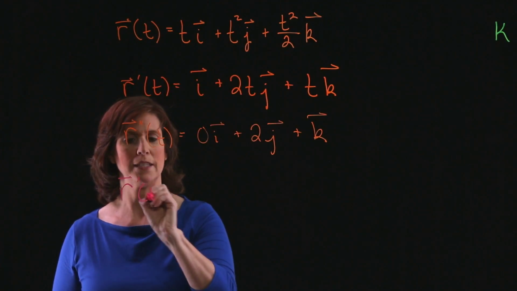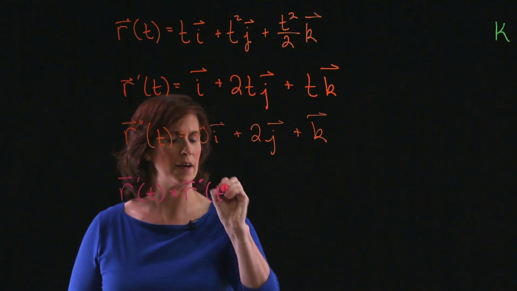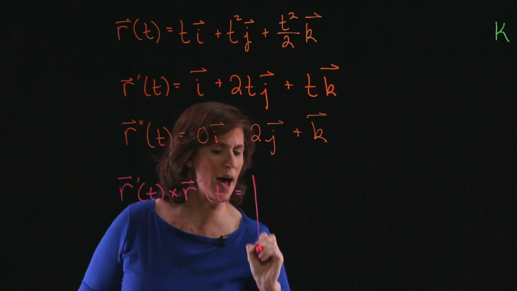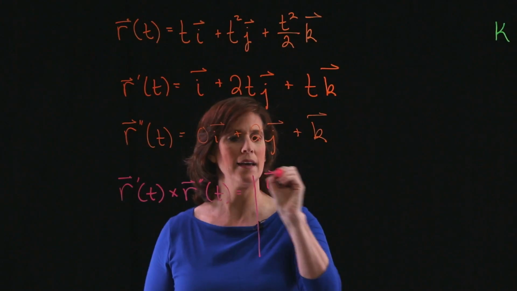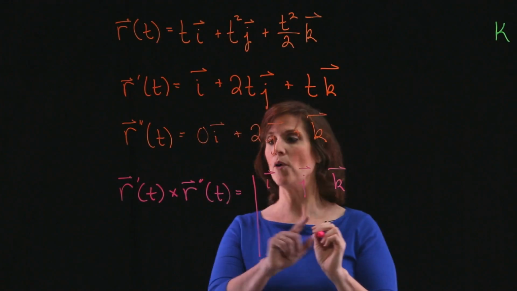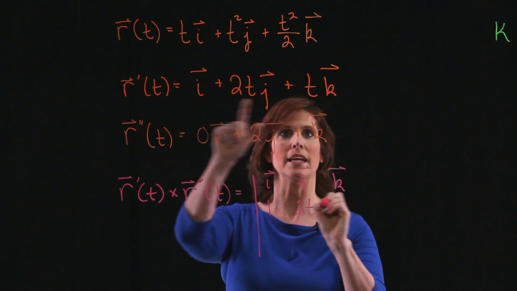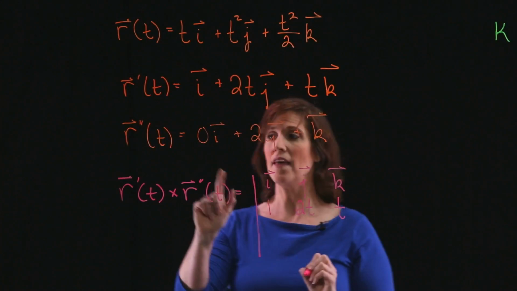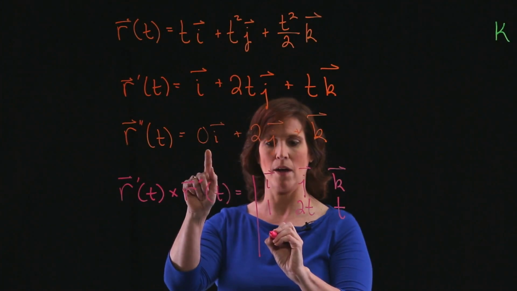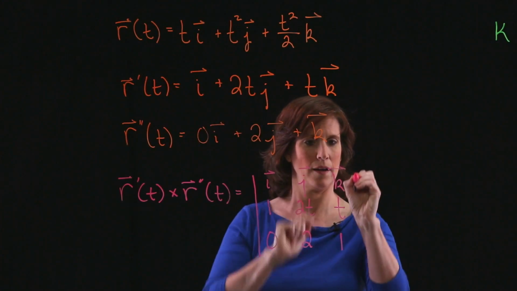So r prime of t crossed with r double prime of t, we're going to set up a determinant form: i, j, k, and the components of r prime, which will be 1, 2t, and t, and then the components of r double prime, which are 0, 2, and 1.